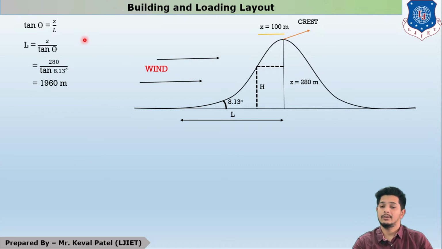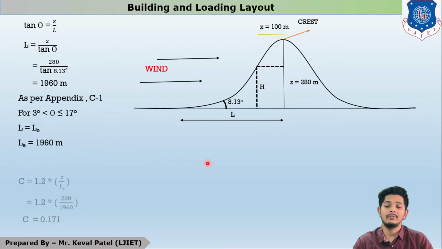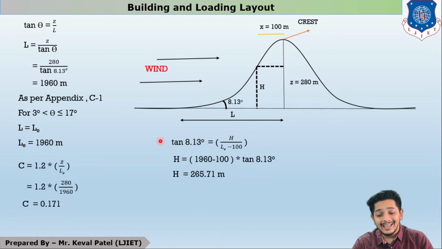Tan theta is equal to Z by L. Here Z is given, L should be found out. So I will make L the subject of the equation. I will get L value as 1960 meter. Now I know L, I know X. So I will find out the H value from here. For H value, I will do what?